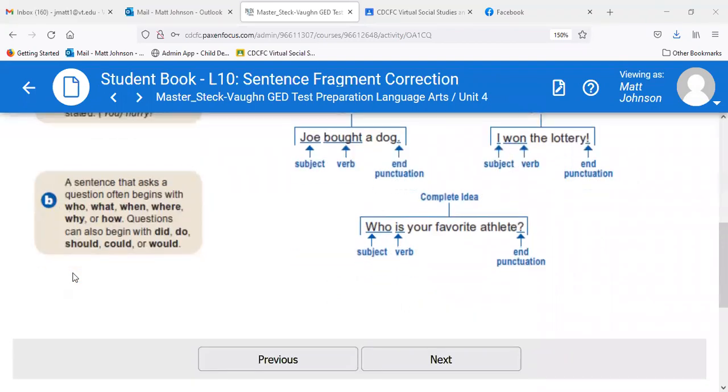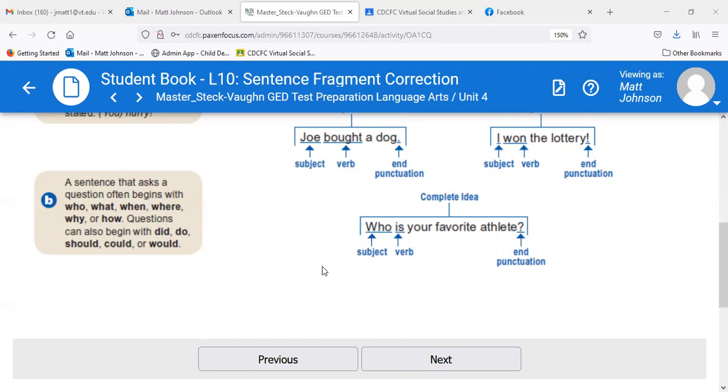And then secondly, a sentence that asks a question often begins with who, what, when, where, why, or how. Questions can also begin with did, do, should, could, or would. And of course, to make that a complete sentence, you would end with a question mark.